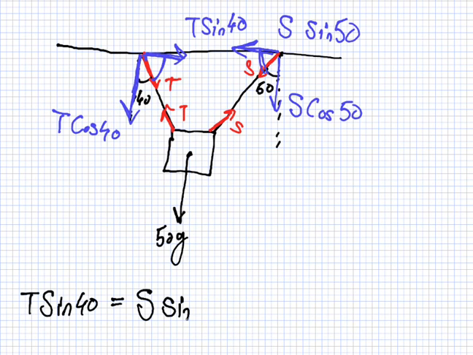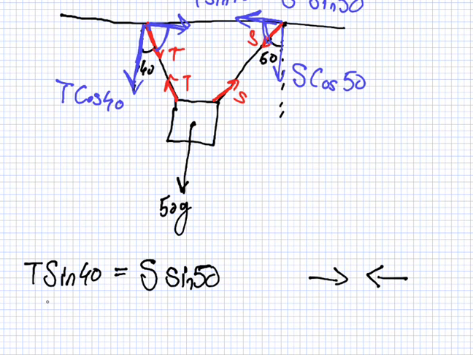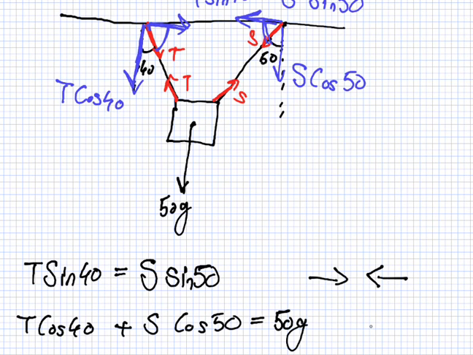S sine 50, because this is me saying the right must equal the left. And then here I can say T cos 40 plus S cos must equal 50g. And this is you saying that the up must equal the down.